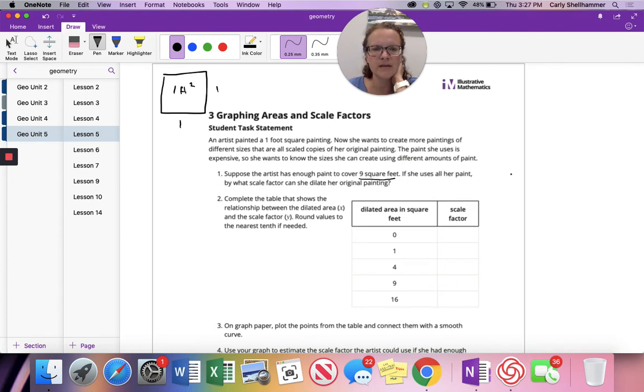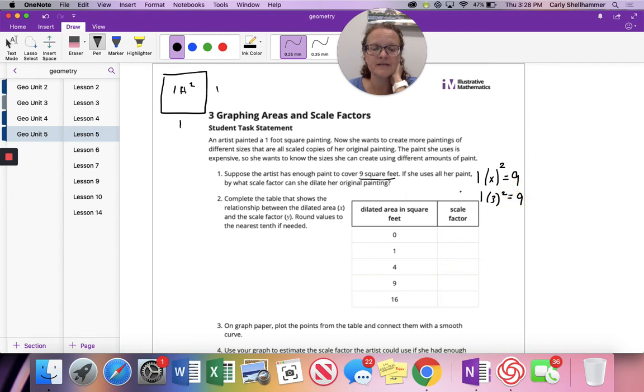Well, if we have enough paint to cover 9 square feet, it would be the original area times something squared. Okay, well, our original area is 1, therefore we can dilate this by a factor of 3 to use 9 square feet of paint.